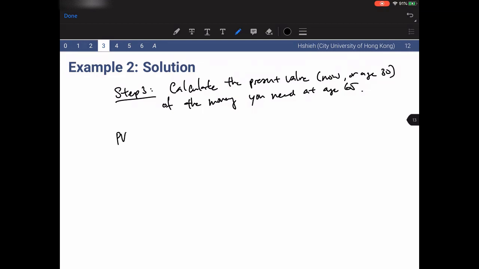I'm going to write PV30 to indicate that we are 30 years old, or at time 0, is equal to the present value in real terms at age 65 divided by (1 plus R_R), or the real interest rate, to the power of 35 periods. We compound 35 periods because there are 35 periods between age 30 and age 65. And we should get the following.